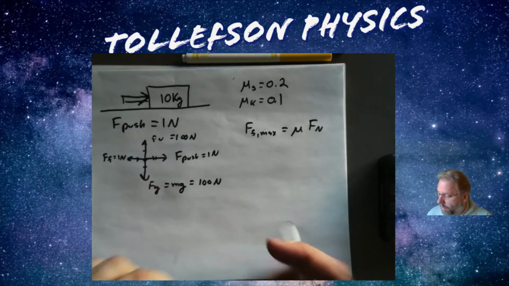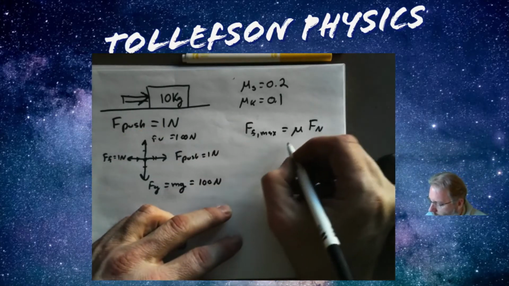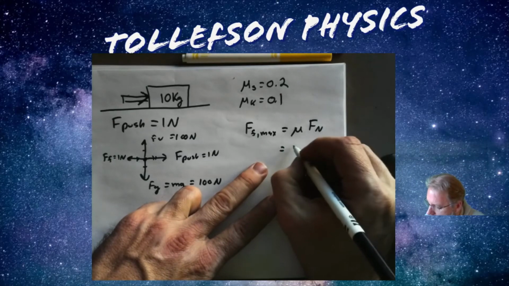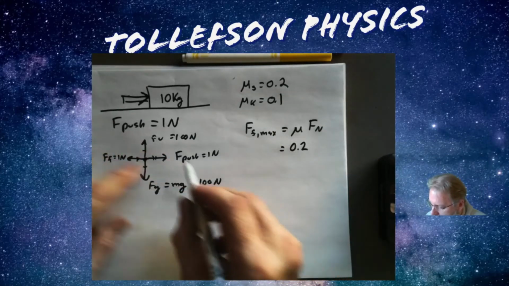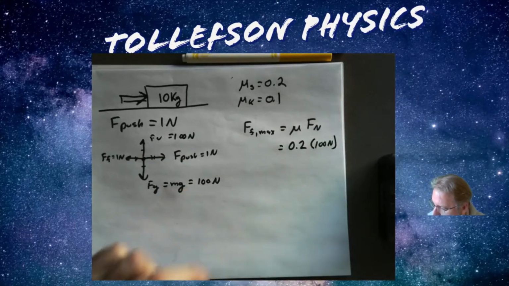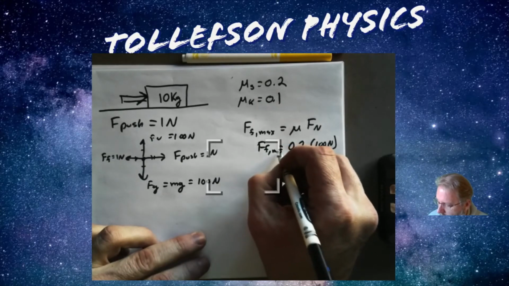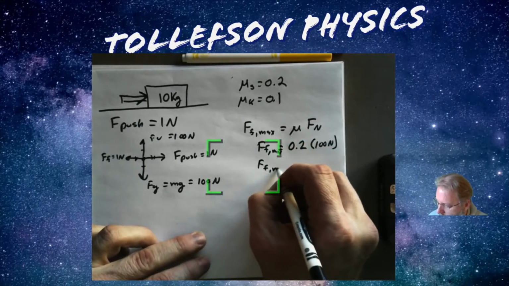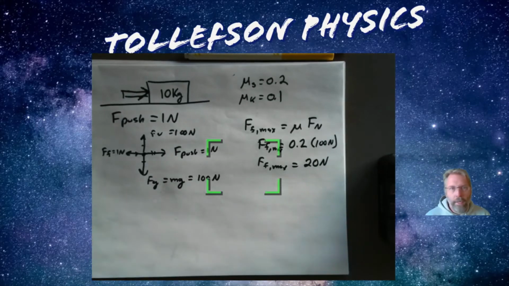Let's figure out what that force would be. 1 Newton, I claim, was not enough. So let's substitute in 0.2 for the coefficient of friction, and the normal force I've calculated conveniently over there as 100 newtons. So my maximum force of friction is going to equal 20 newtons. I need to push this with a force of 20 newtons.